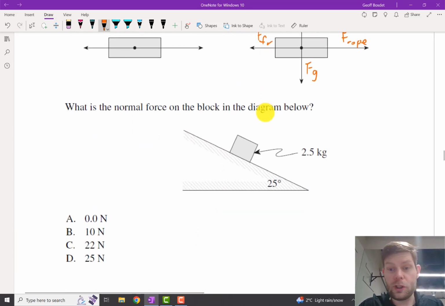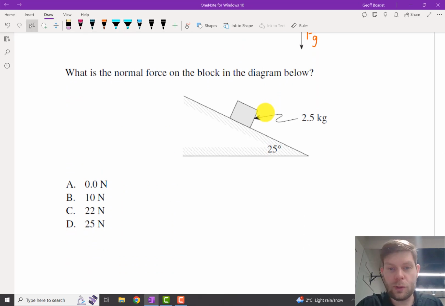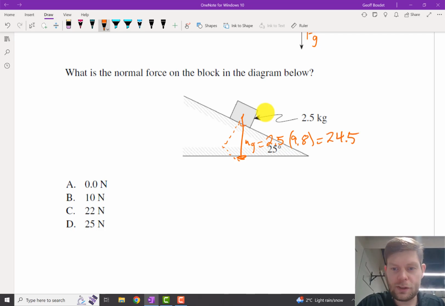We want to know normal force on this block below. Normal force is just going to be equal and opposite to our F perpendicular. So we'll draw our little mg here, which is equal to 2.5 times 9.8, which is 24.5. And this angle is going to be the same as this angle, so it's 25.